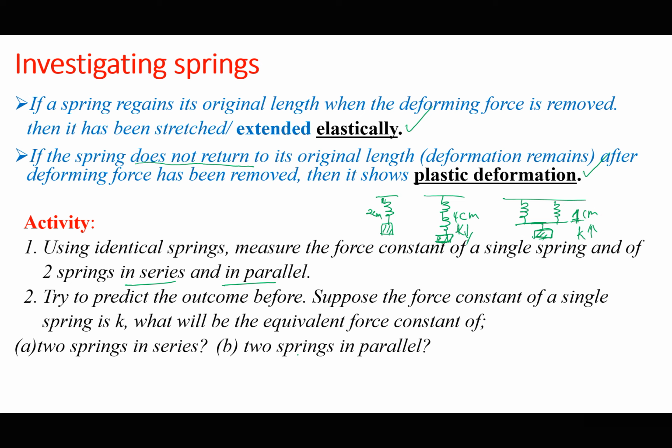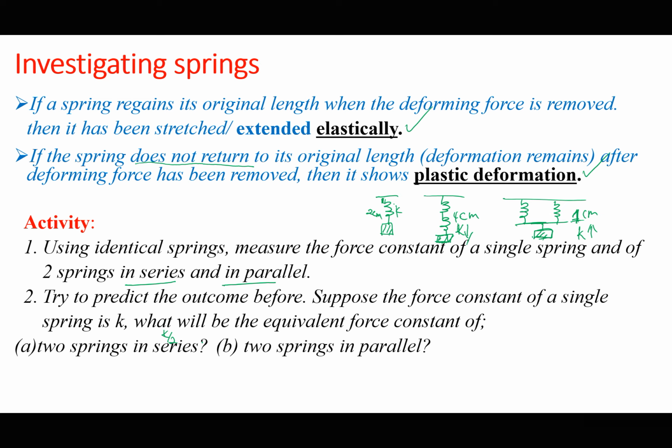Me, I'm predicting that if the force constant of one spring is K, most likely if there are two in series, because it should decrease, it is going to be K divided by 2. If there are 3, it's going to be K divided by 3. If there are 4, it will be K divided by 4.